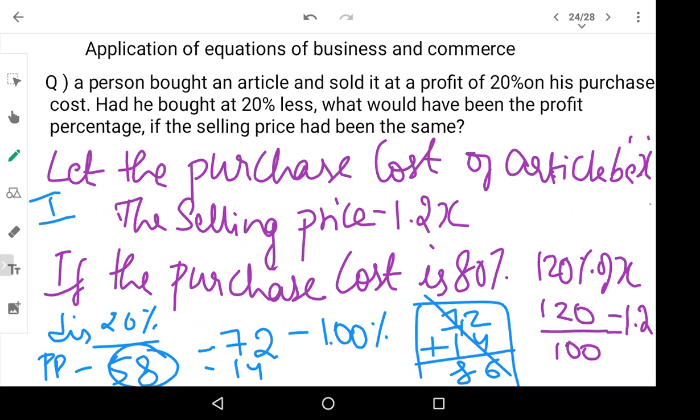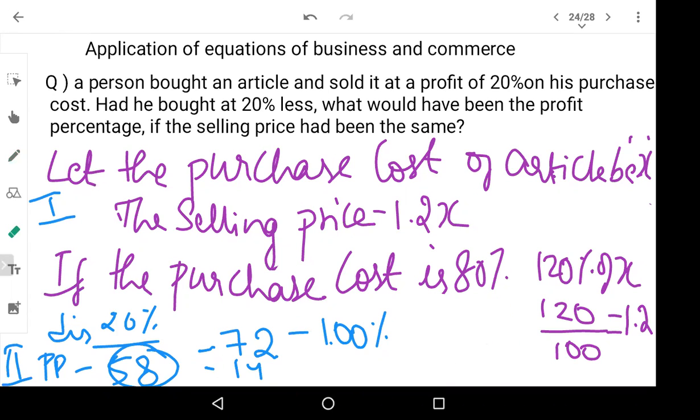Now scenario number 2 is that when you are buying the Parker pen, instead of 72 rupees, he is selling it to you at 58 rupees. How 58? 20% discount. Okay, you will buy the Parker pen at 58 rupees. You are selling the Parker pen at 86 rupees.